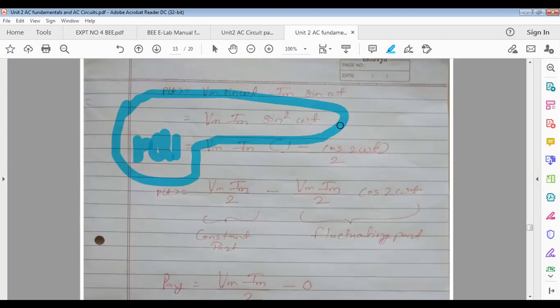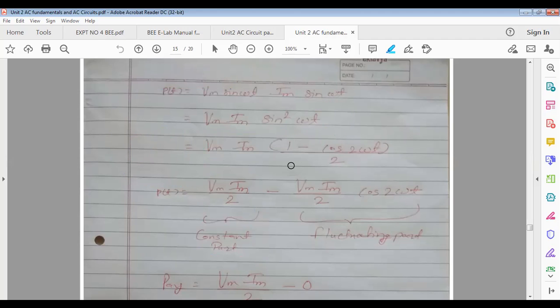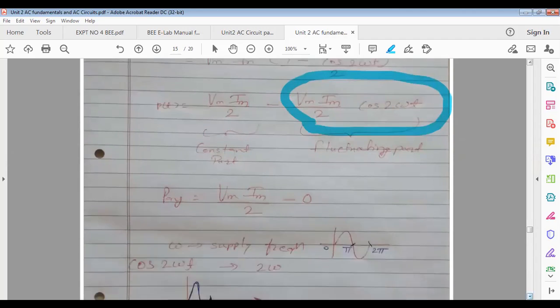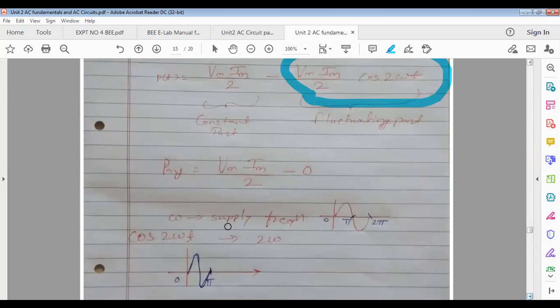Now I am going to simplify it to calculate the average power. So sine square omega t I converted and then I multiplied. Now observe this fluctuating part. Which waveform? It is a cosine waveform. The input voltage you have applied is Vm sine of omega t, means the supply frequency is omega.